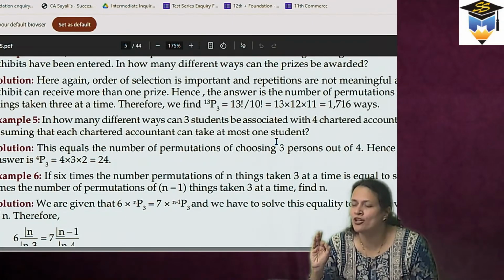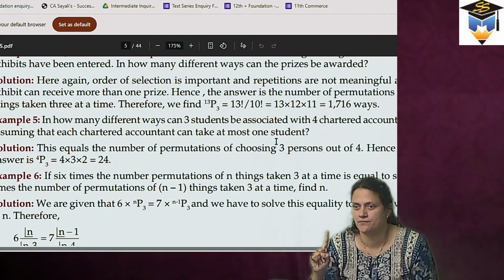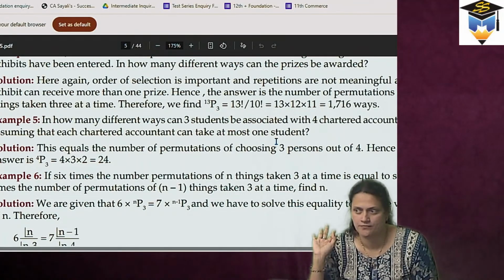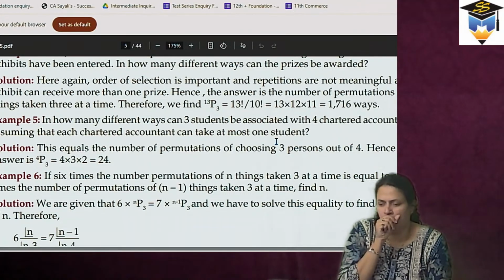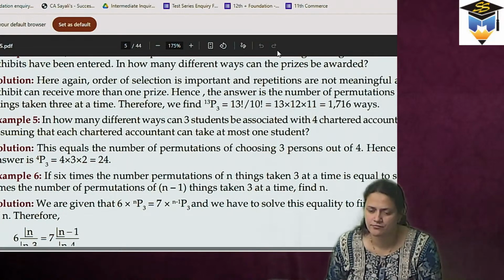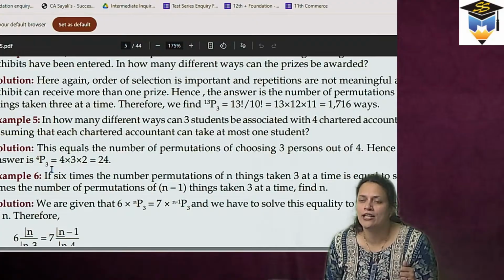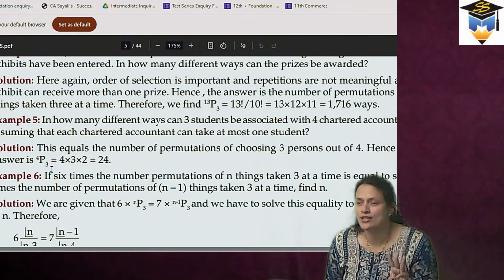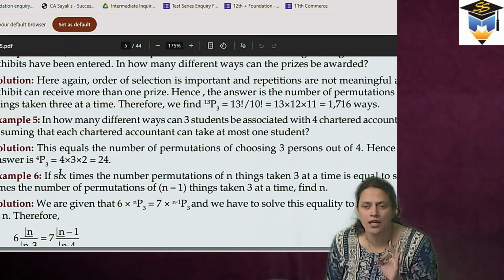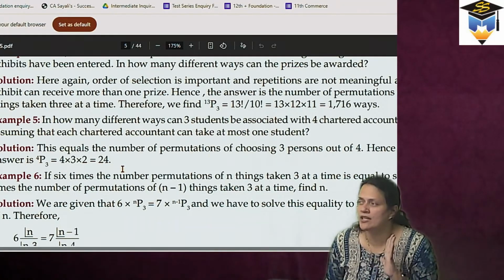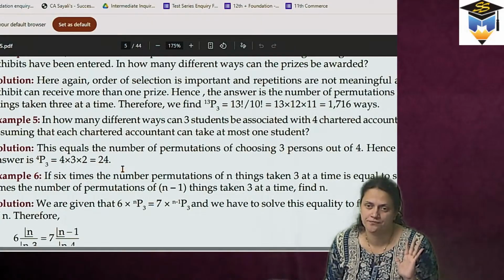So the maximum number of students per chartered accountant is 1. So that is done in 4P3 ways, because out of 4 chartered accountants, only 3 students are there. So it is going to be 4P3, that is, the answer is equal to 24.